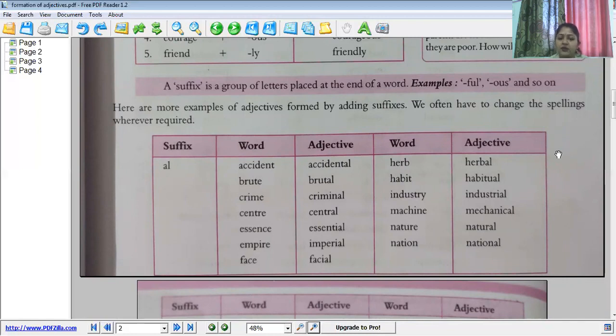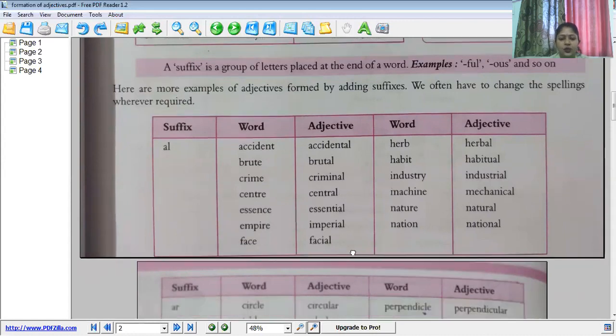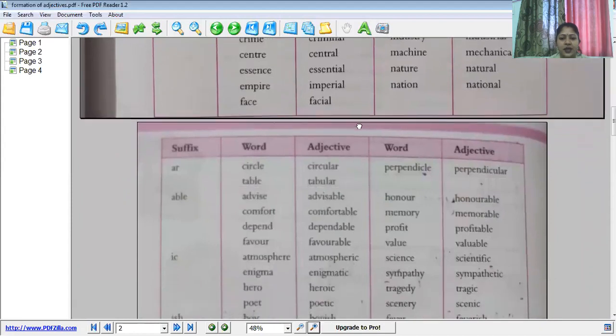Imperial. Face will become facial. Herb, the adjective form is herbal. Habit will become habitual. Industry will become industrial. Machine will become mechanical. Nature will become natural. Nation will become national. So we added the suffix al. We'll see some more examples.